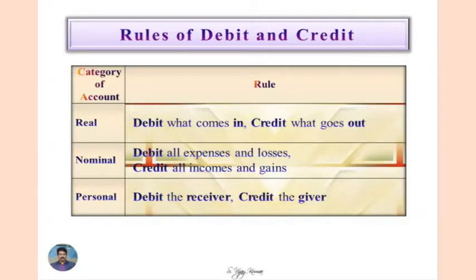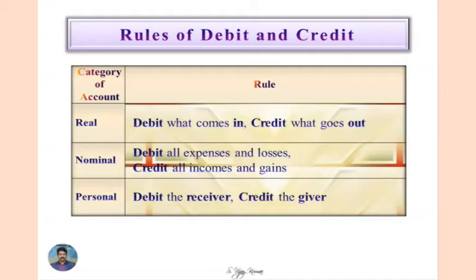For that particular purpose, we categorize all the accounts into three categories. First is real account, next we have nominal account, then we have personal account. Generally, in the real account category we find all the assets. In the nominal account category we put all expenses and all incomes.